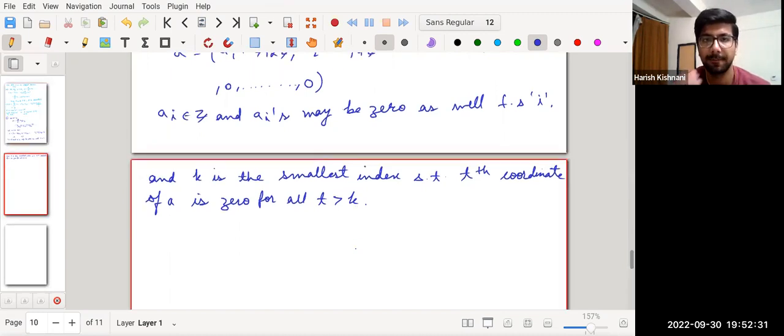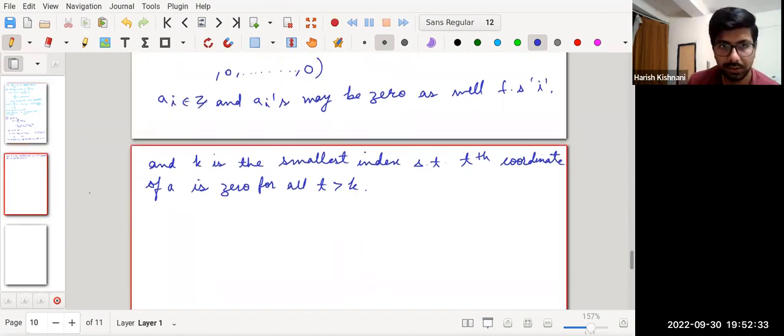Now what? This will imply that 2^k times a is 0, right?